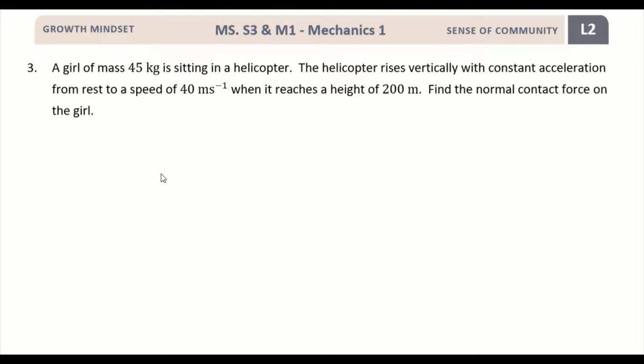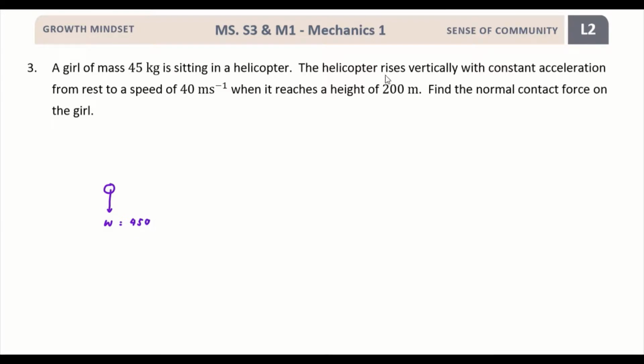Okay, so a girl of mass 45 kg is sitting in an aeroplane, so helicopter, I'm sorry. Okay, so this is the girl. The mass is 45 kg, so 450 for weight.